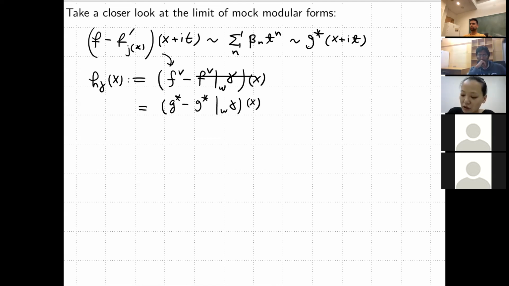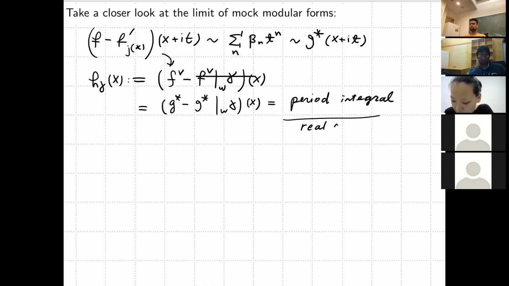But since G star is given by an integral, its modular difference is in fact given by a period integral, and it's easy to compute. And since it's a period integral, we know that it's actually real analytic in x. So you can take x a little bit away from your rational point and still completely make sense. So that seems to be the natural generalization of the behavior of modular forms near the cusp.